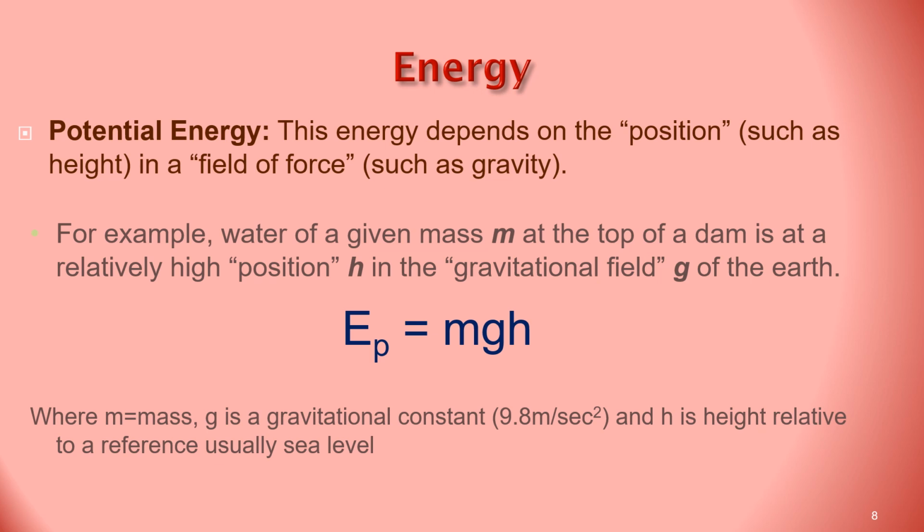The gravitational constant is 9.8 meters per second squared. So you can see here that if you do mass in kilograms, and gravitational is in meters per second squared, and then you multiply it again by meters, you're going to get kilograms meters squared per second squared, or joules. So again, you'll have your unit in joules.